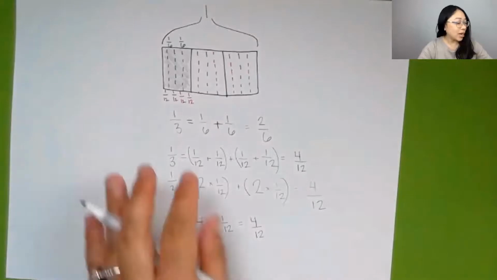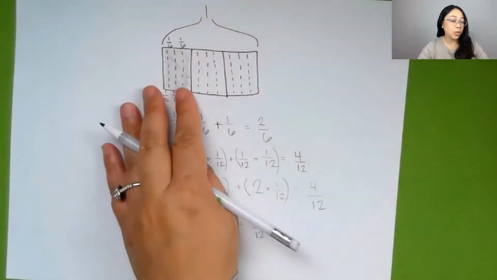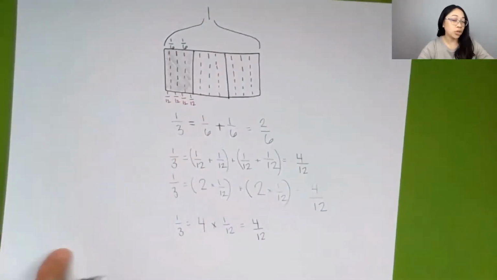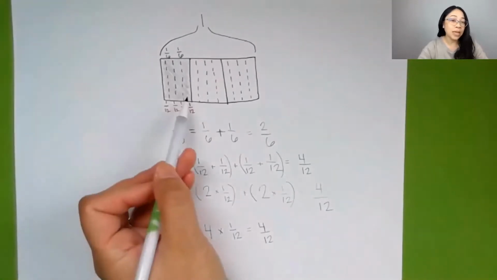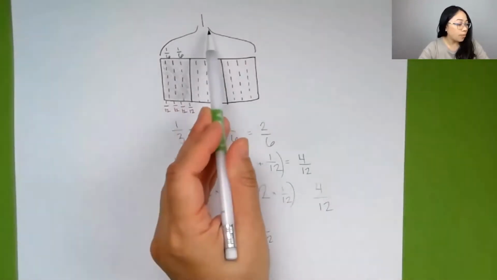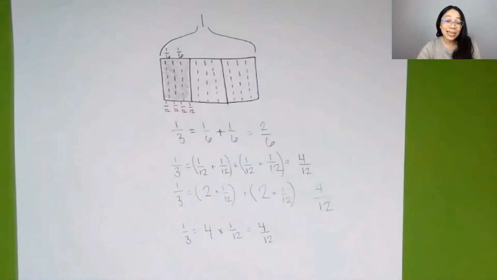Now, in this diagram, we can see that we clearly labeled our first drawing to show that it represents 1 whole. Each diagram in this lesson will also represent 1 whole.